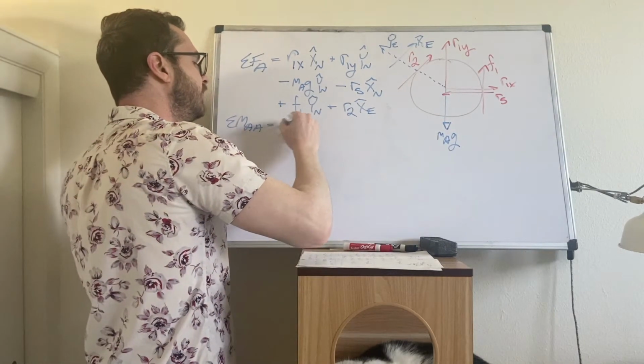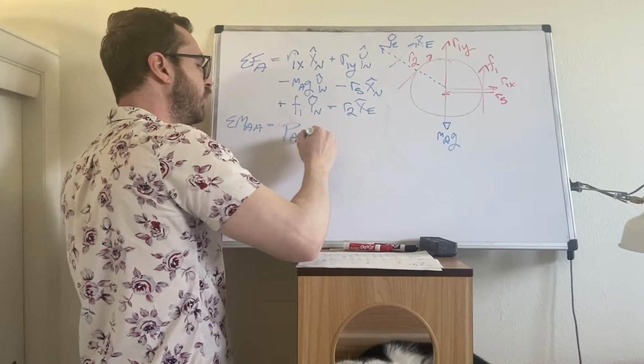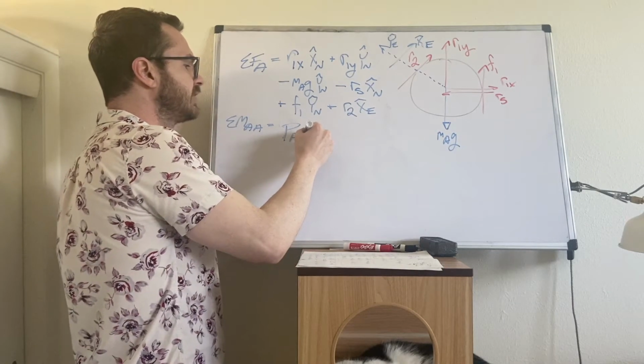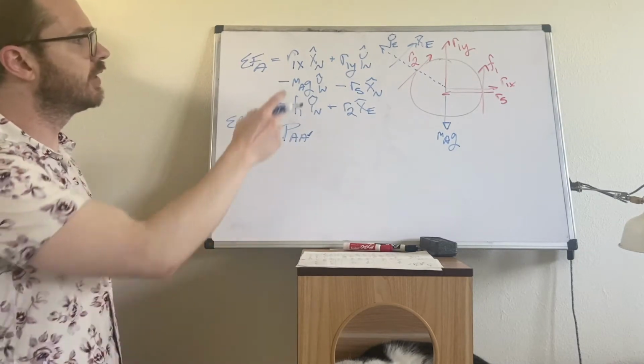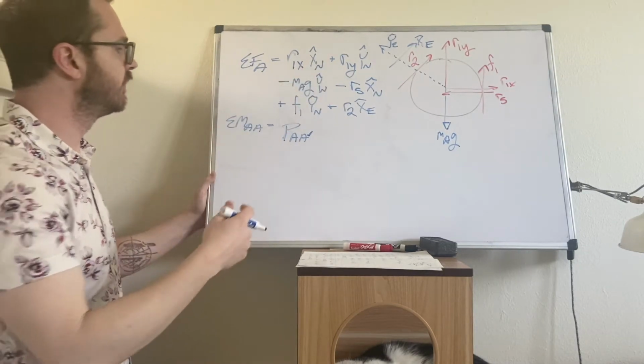So I will do, let's start with cross products. We need the position vector, and I'm just going to call these points A prime, A double prime. You could give them other names if you wanted to.